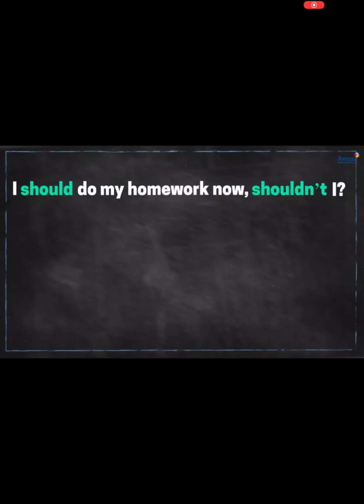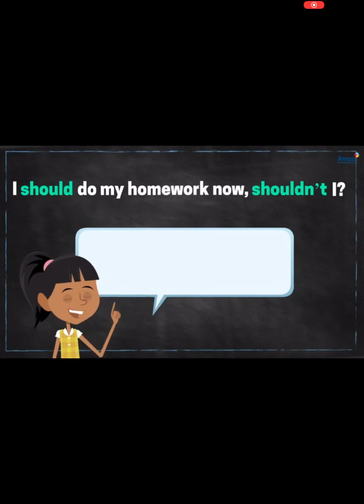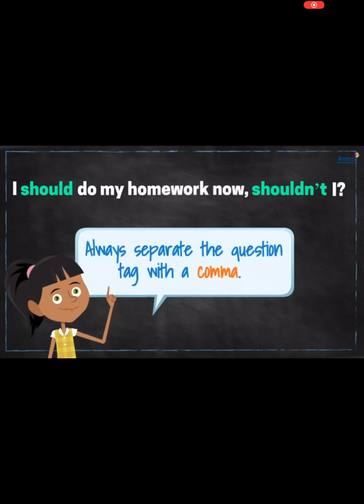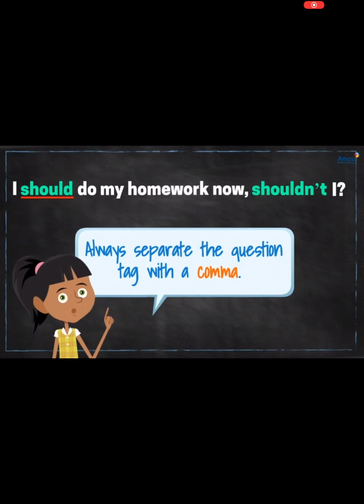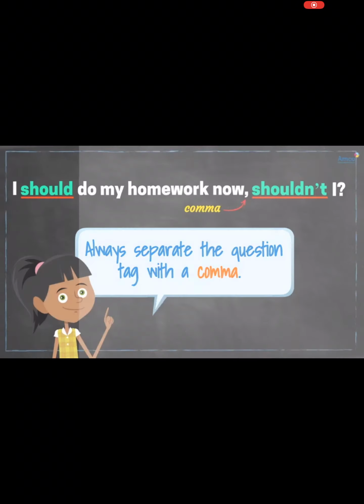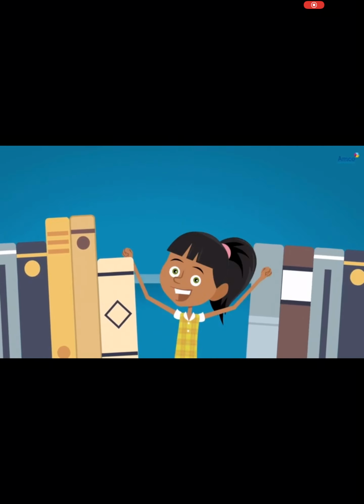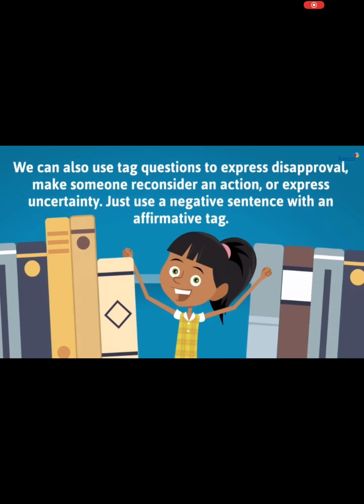I should do my homework now, shouldn't I? Always separate the question tag with a comma. We can also use tag questions to express disapproval, make someone reconsider an action, or express uncertainty.